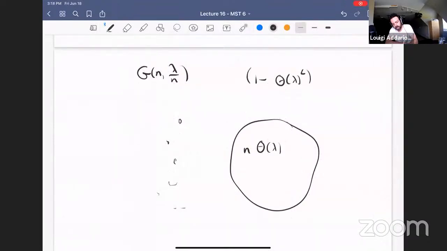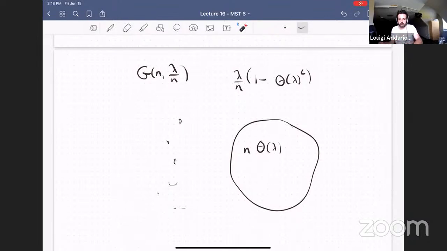If it does contribute, it contributes weight about lambda over n, because that's the weight of the edges that come along around here. So that's another way to see where this integrand comes from, and that's one route you can use to strengthen the convergence of the expectation to a convergence in probability.